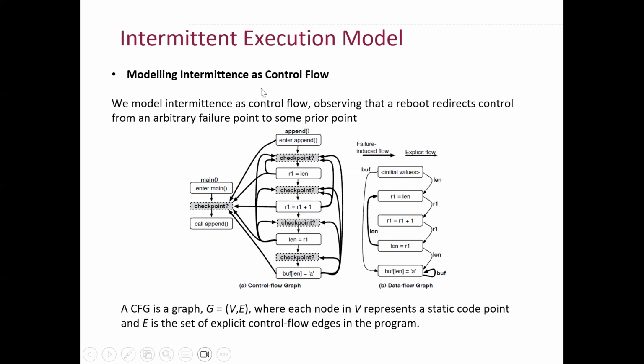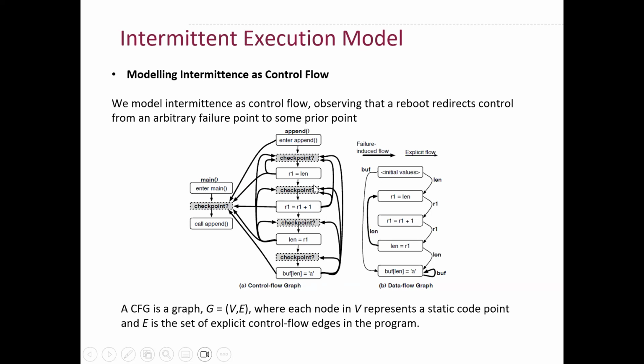In this case, this is defined through what's called a CFG, a control flow graph. So we have our control flow graph, and then we have a data flow graph. It's the same program that was used in the previous slides. But this time we make a CFG because reboots introduce edges in the CFG that are followed on the reboot.